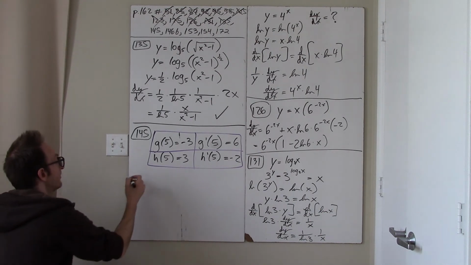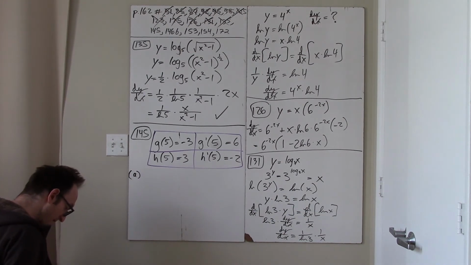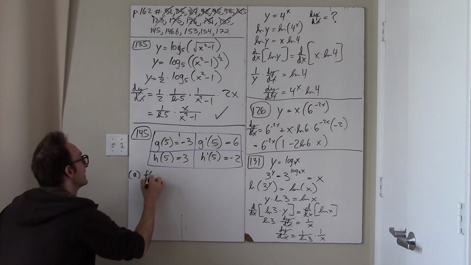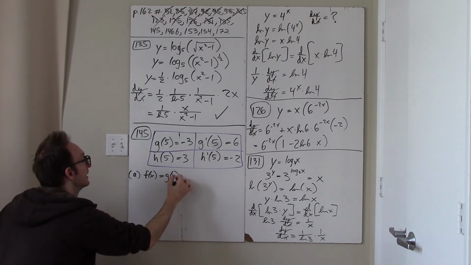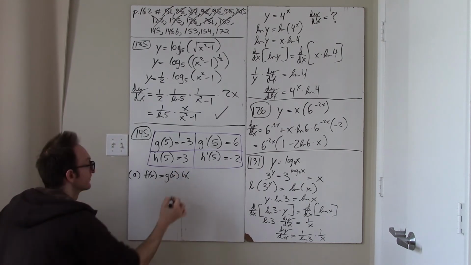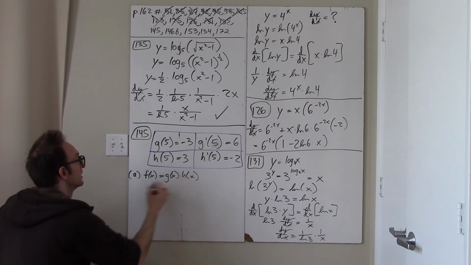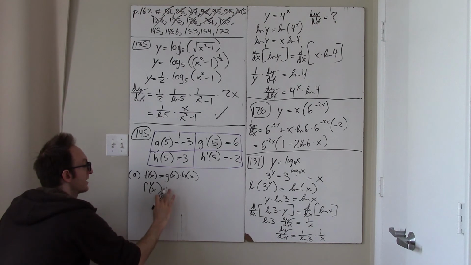Part A says, for each of the problems we want to find f prime of 5. Okay, so f is g times h. I certainly know how to differentiate this.